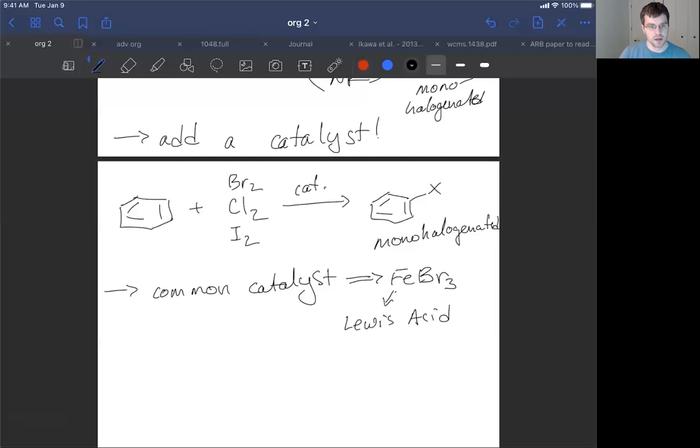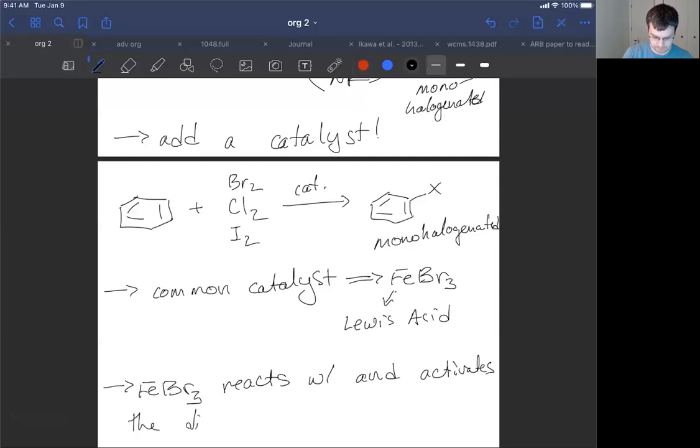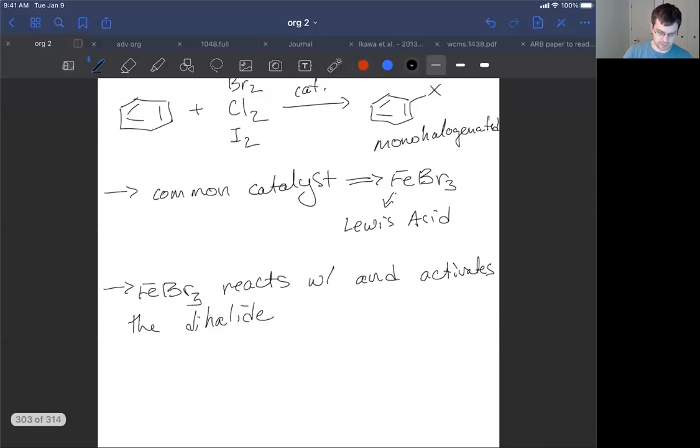How this works is that the FeBr3 actually reacts with and activates the dihalide. That's an important note to capture here because it allows us to envision what's going on.